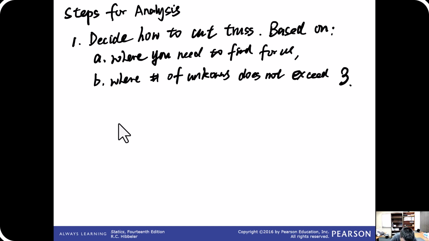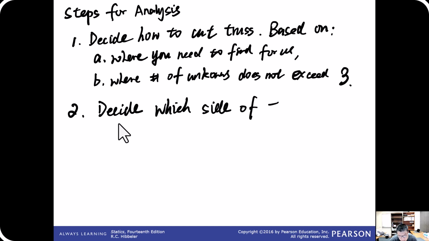And then decide which side of the truss is easier to analyze.